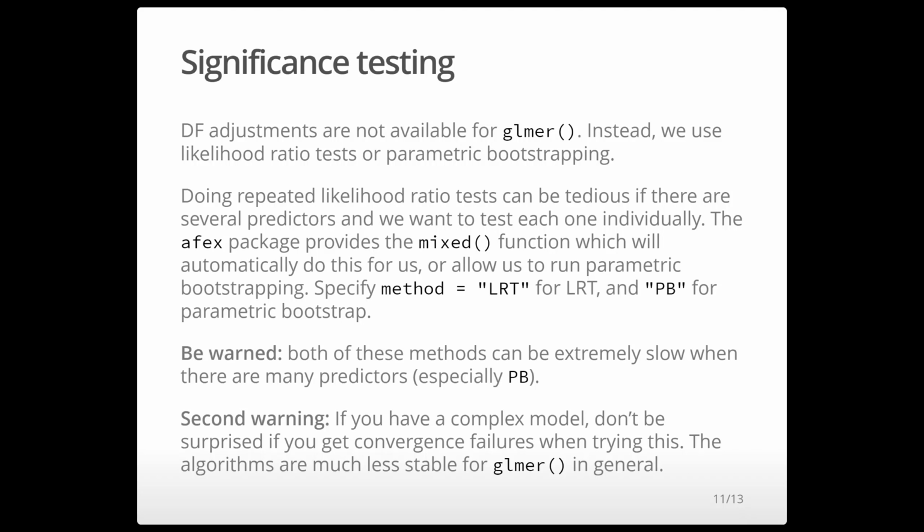If too high a proportion of the bootstraps fail, you can't really trust your results. It'll still give you results, but you can't really trust them. So the likelihood ratio test is a little bit more stable and generally preferred, but you could still run into convergence issues when it starts refitting the reduced models.